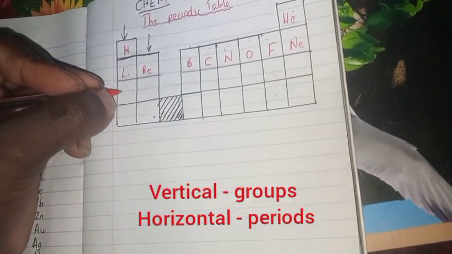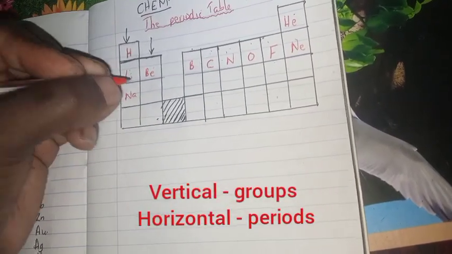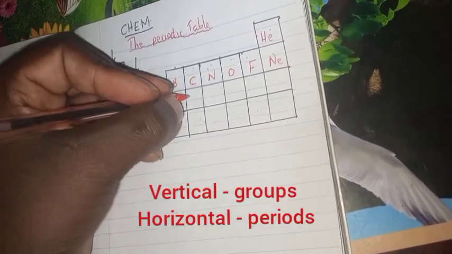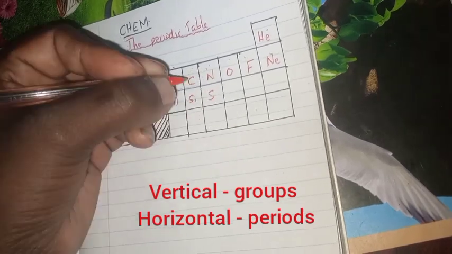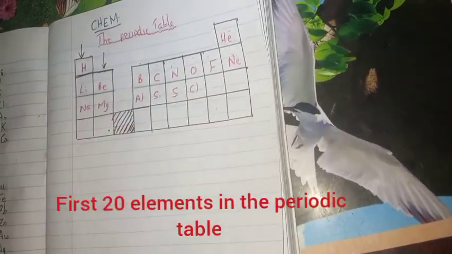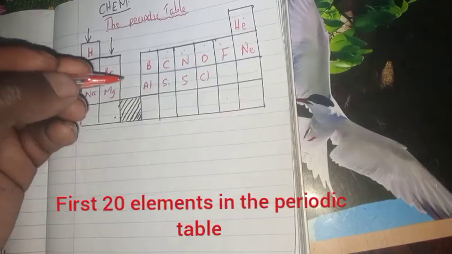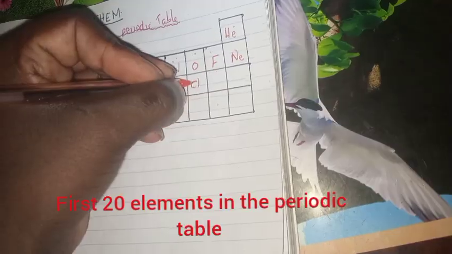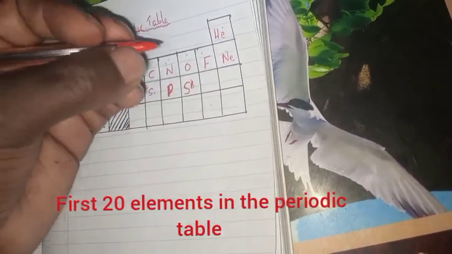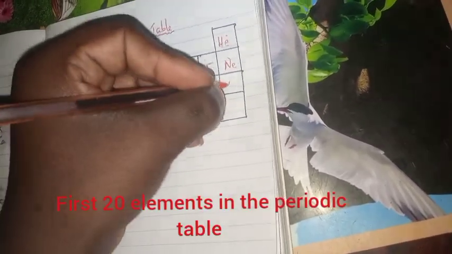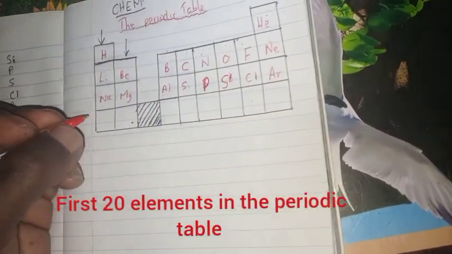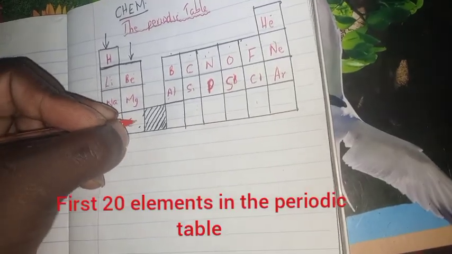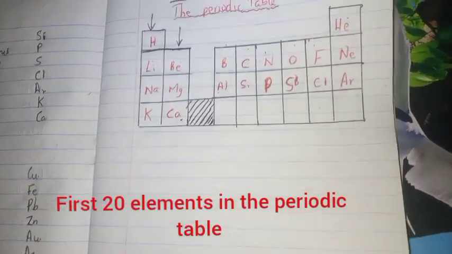From there we have this part: sodium, magnesium, here aluminium, silicon, we have skipped phosphorus, here we have sulfur, and after sulfur we have chlorine, then argon. The next one is potassium, which is K, and then we have calcium. These are the first 20 elements.